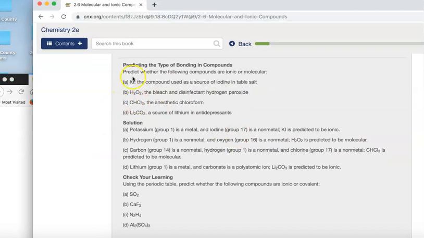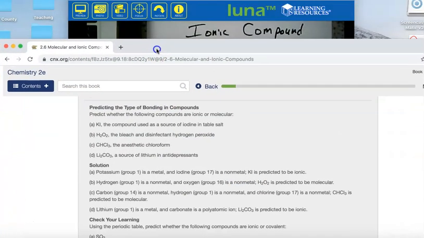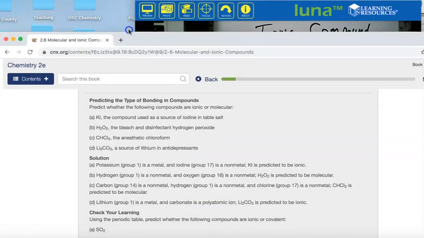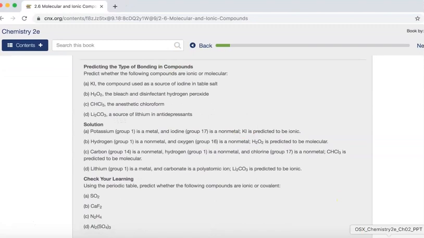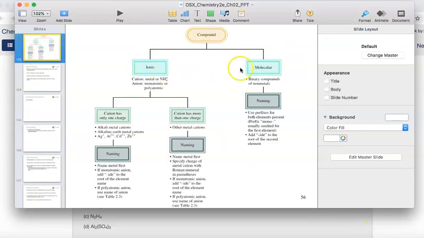So going through this process, when you're given a compound, you first have to figure out whether it is ionic or molecular, because we have different series of rules that we have to be familiar with. The only way we can do that is by first being able to differentiate between an ionic and a molecular compound.